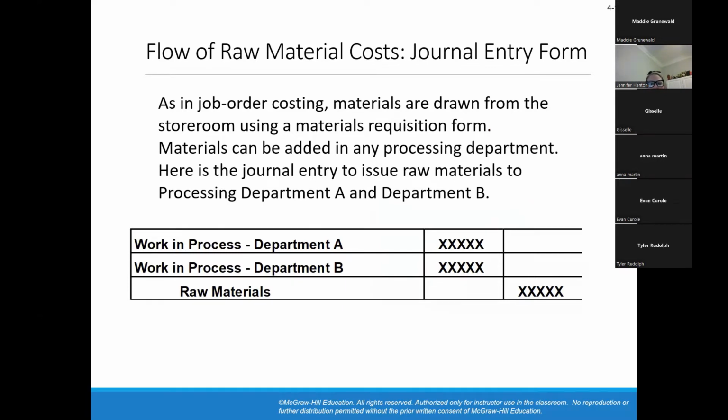When we're pulling that material out, we're reducing it. That's why raw materials is a credit. It's going into work in process, which is also an asset account. So we're just moving it from one asset to another. We're reclassing it over to these two different departments. So we're splitting however much it is for A and however much it is for B, and that's the debit side of the entry.